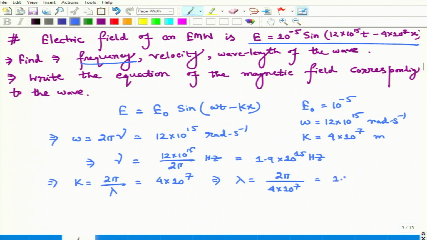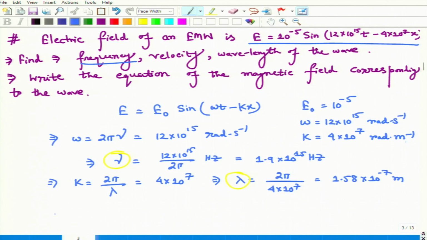So it is actually 1.58 into 10 to the power minus 7 meter. So this is our wavelength. Wait, one minute. 2 pi by lambda should be radian per meter. Okay, now it's correct.